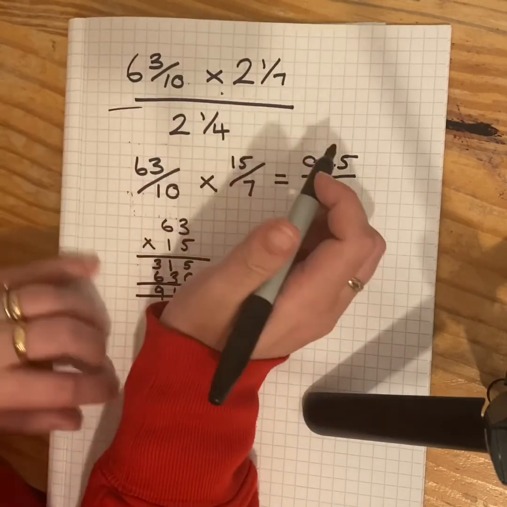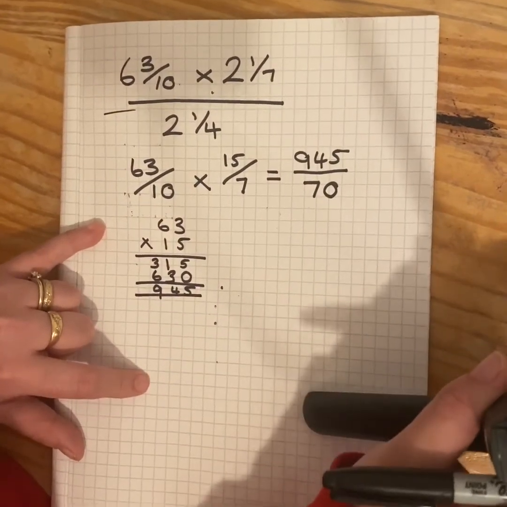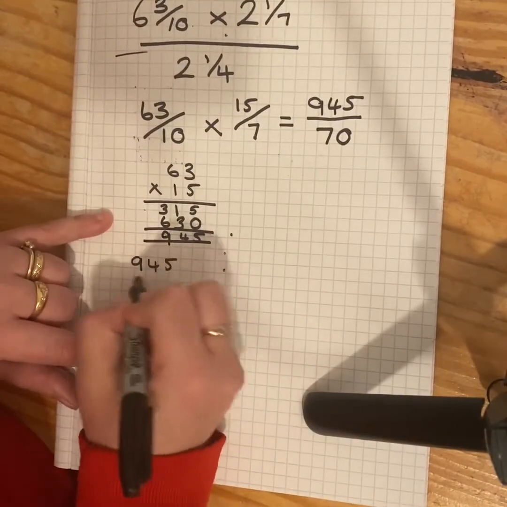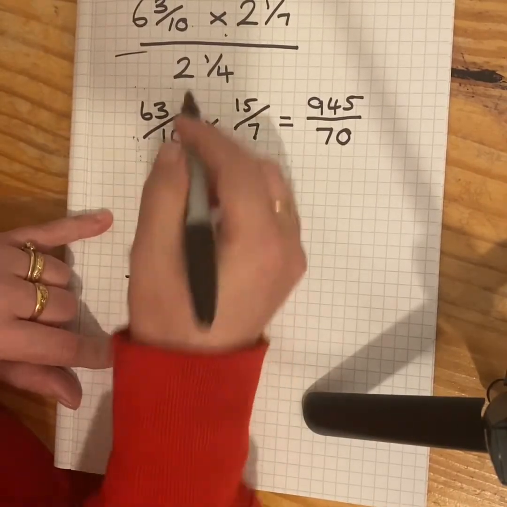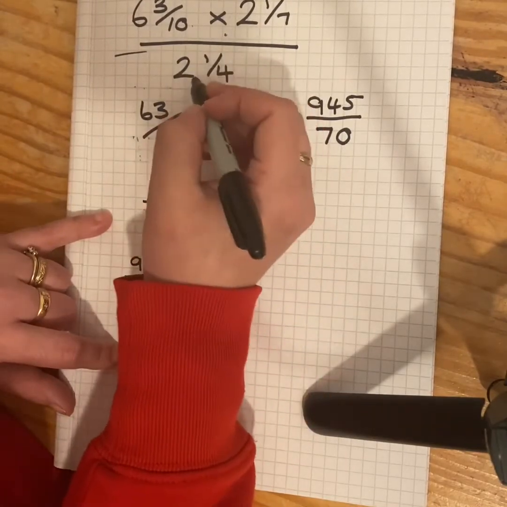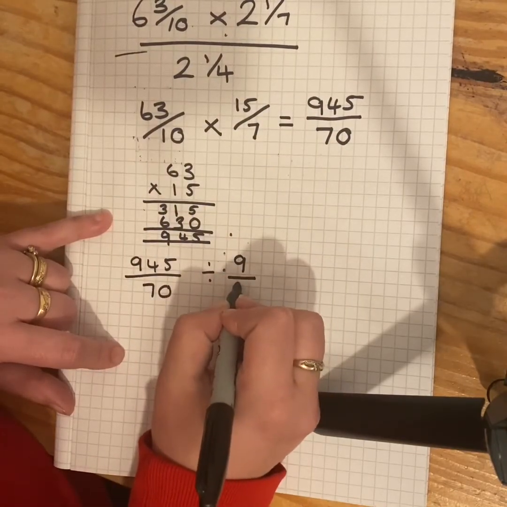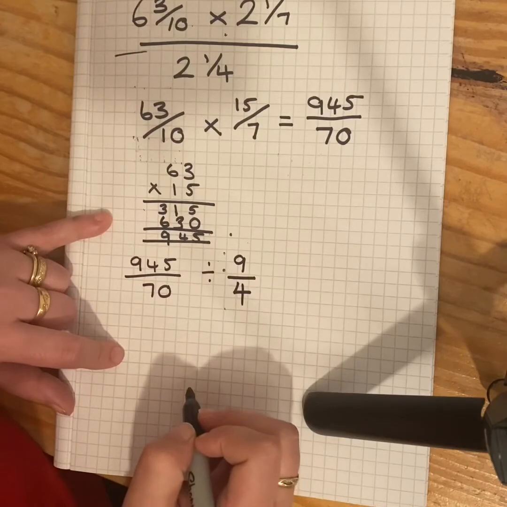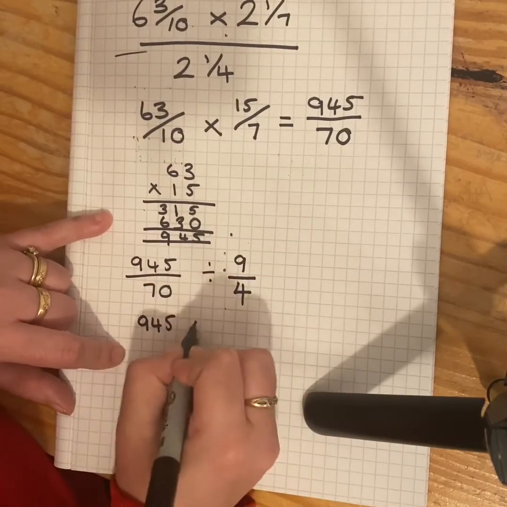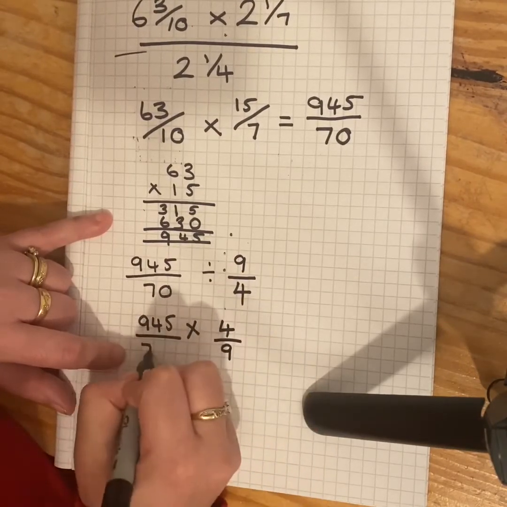Now we need to divide that by 2 1/4. So we've got 945 over 70 divided by 2 1/4. So if we put 2 1/4 as an improper fraction, we get 2 lots of 4 is 8 plus the 1, 9 over 4. We turn it upside down, so we've got 945 multiplied now by 4/9, and this one was over 70.